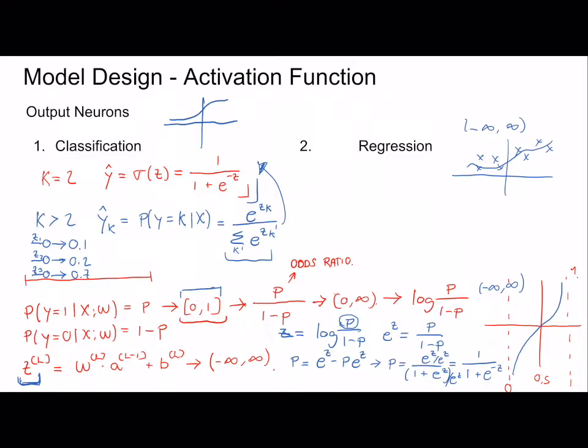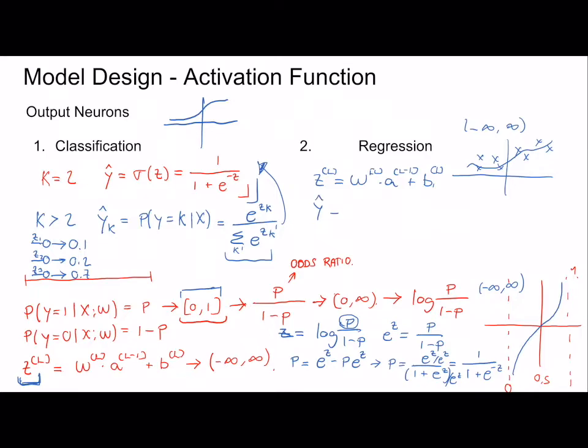Therefore, if C is the output of the last layer, and this is given by the weighted linear combination of the outputs of the previous layer, what this means is that now I can just take this as my actual output.